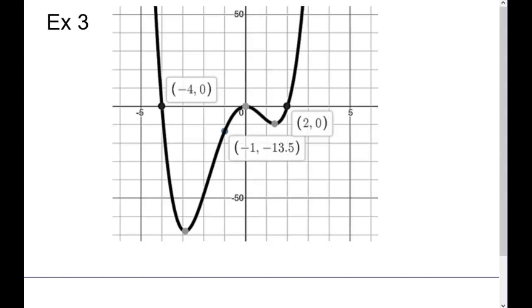All right, what's the trick on this one? Yes, it's going through 0, 0, and it's doing what there? It's a bounce. So can anybody tell me the factors? We're going to have a factor of x plus 4, good.